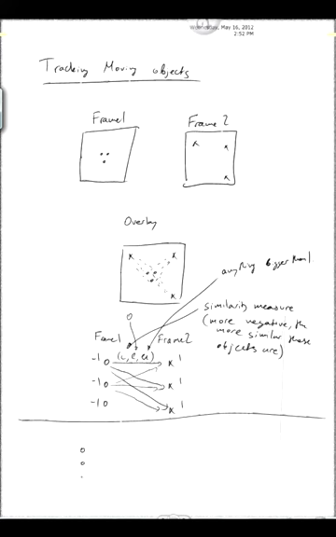So let's think about a different graph for being able to do the same matching. So here's another way of doing it. Again, we have the frame 1 and frame 2 objects. Again, we have the similarities, and then an upper bound of, say, 1. But what we'll do is introduce 2 nodes S and T to connect to either side of this graph.